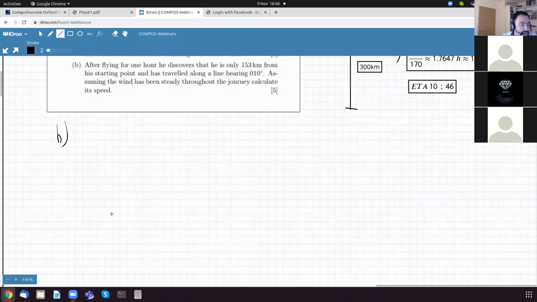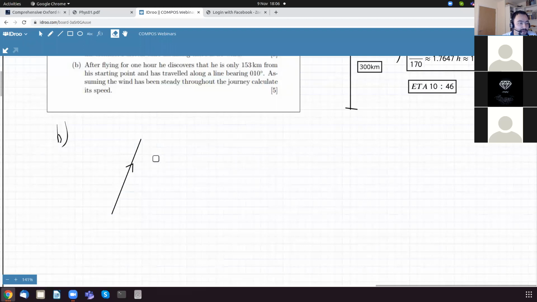Therefore, his actual flight path went like this. And this is 170 kilometers because he has been flying for 1 hour. So we know that he has traveled 170 kilometers. Oh, sorry, it's 153 kilometers.